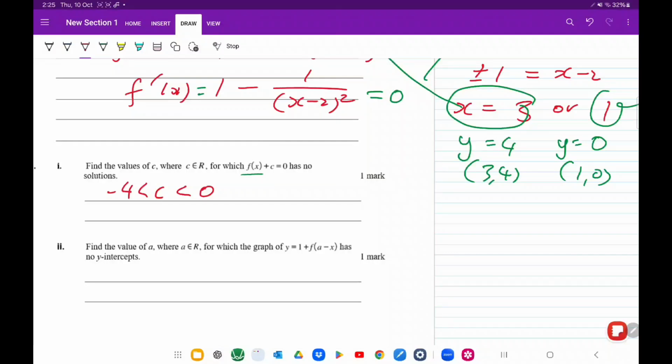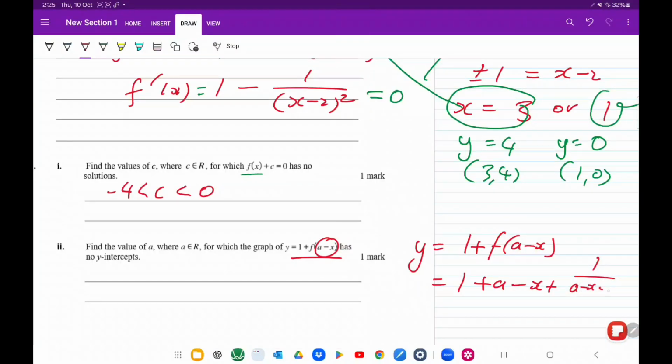And the next question says, find the values for which this particular equation has no intercepts. So to work this out, we need to substitute in what this would look like. And if we substitute this in, we get y is equal to 1 plus a minus x, and that's equal to 1 plus a minus x plus 1 over a minus x minus 2.